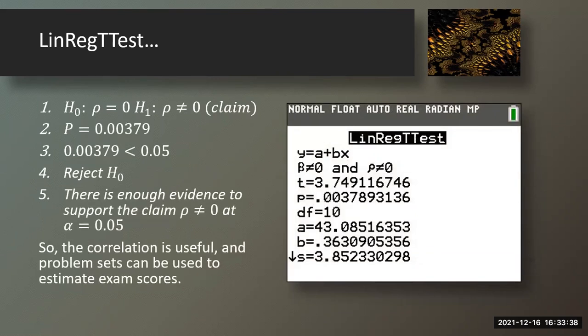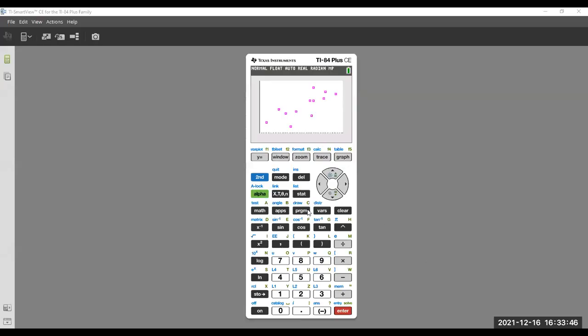Now let me jump over to my other screen. So list 4 and list 5 is where that data lives. Somewhere down near here at the bottom. Linear regression t-test.